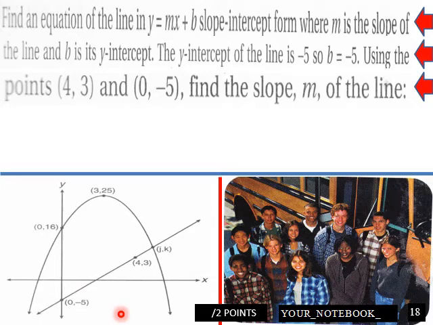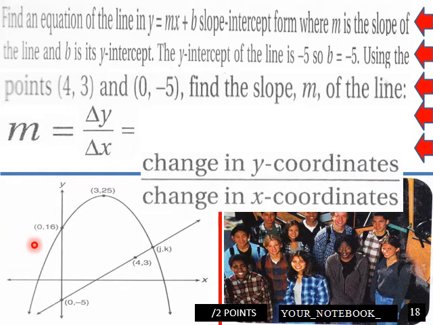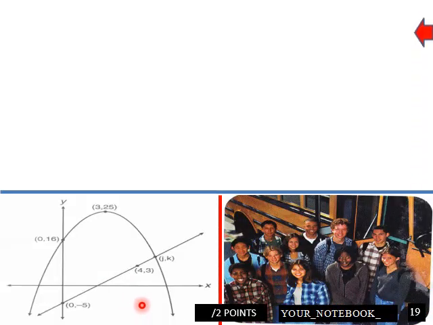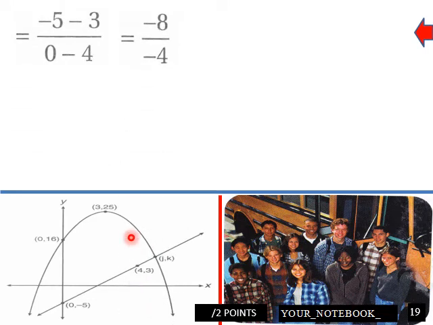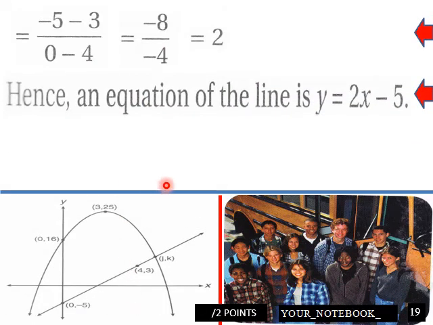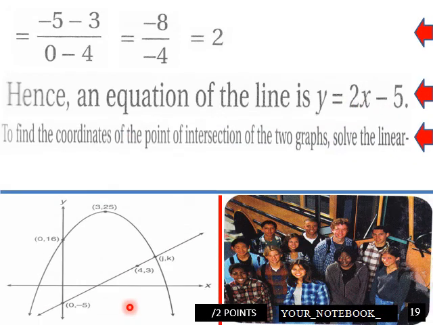Using the points (4, 3) and (0, negative 5), find the slope m of the line. m equals delta y over delta x, change in y over change in x. Negative 5 minus 3 over 0 minus 4 equals negative 8 over negative 4, which is 2. Hence, the equation of the line is y equals 2x minus 5.